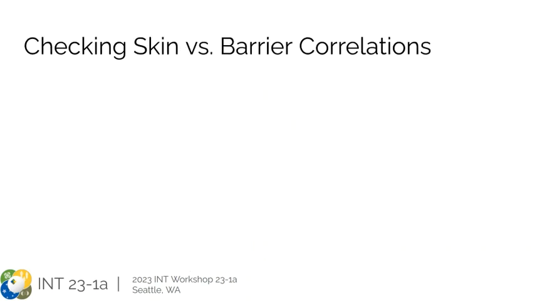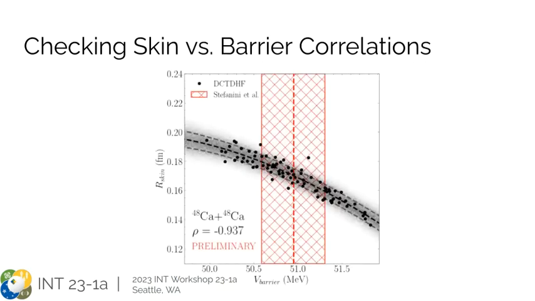And now we have one for experiment that we can look at, at least for the barrier, and we can plot the neutron skin thickness coming from our model versus the barrier coming from our model and see if they're correlated. And indeed, yes, they are. In fact, there's a pretty strong correlation. This is the Pearson correlation coefficient here.